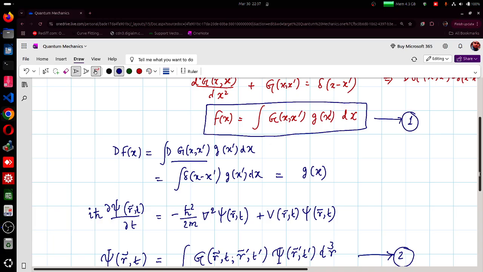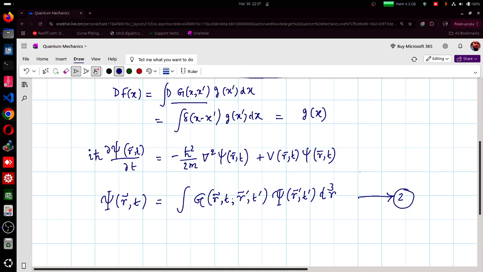Because here there are two arguments r and t, the Green's function has four arguments: r, t, r prime, t prime, right?